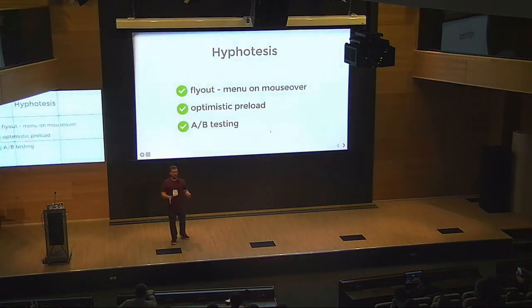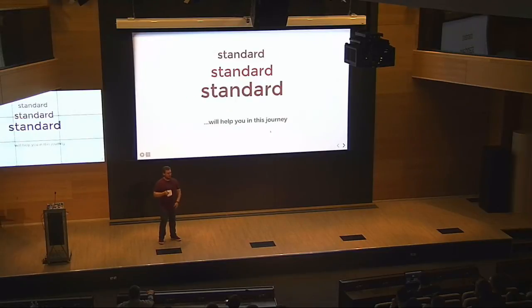So the first hypothesis was, we had the flyout that the users can just open the menu when mouse over. You have the optimistic preload, so as soon as the user puts the mouse at the top of the menu, you load that content, and you have A/B testing. So people from different regions across the world can see the new navigation with this feature and without this feature. We can get all this data, put it together, and analyze it.